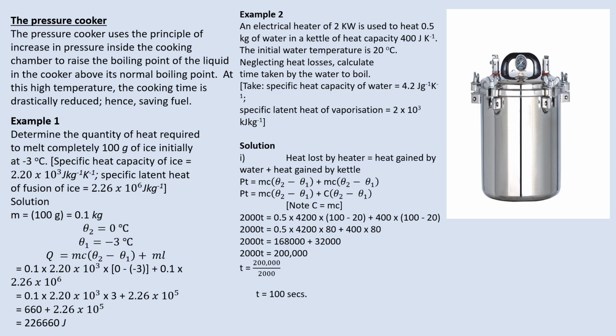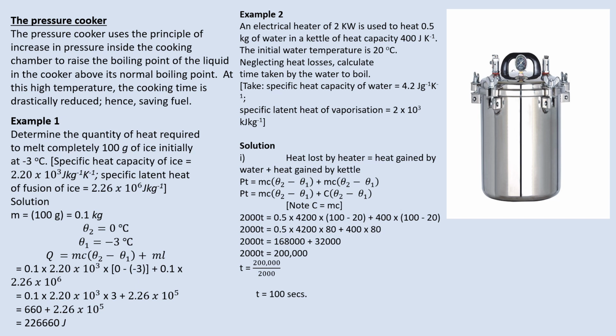We shouldn't forget our usual concept that heat lost by the heater equals heat gained by water plus heat gained by the kettle. Since it has to do with an electrical source, Pt equals mcΔθ plus mcΔθ.